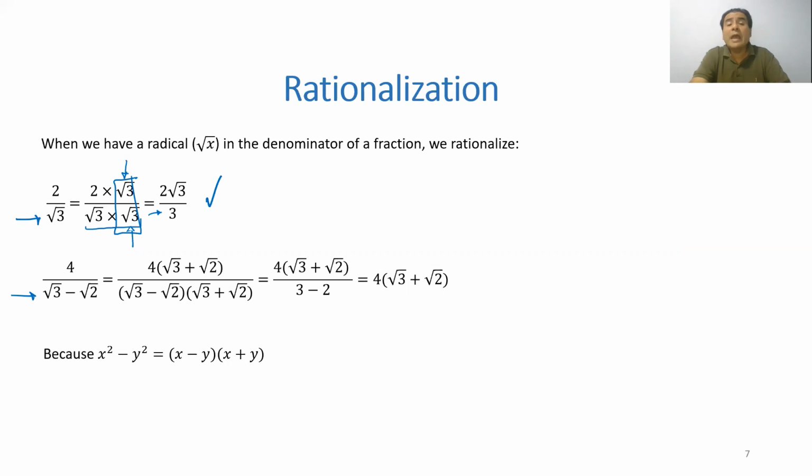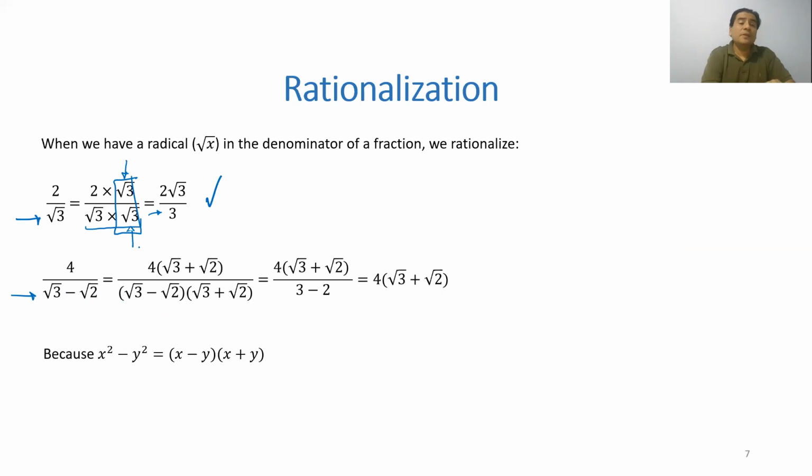What about when we have an expression with a sum or a difference involving one radical in the denominator? Well, what we need to do is multiply by the same expression, but with the reverse operation.